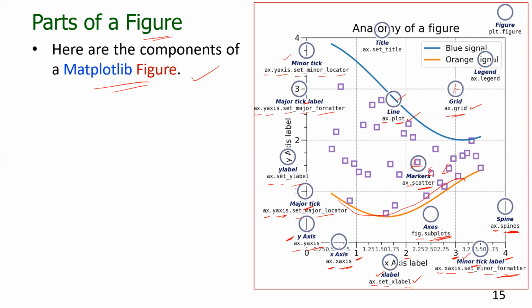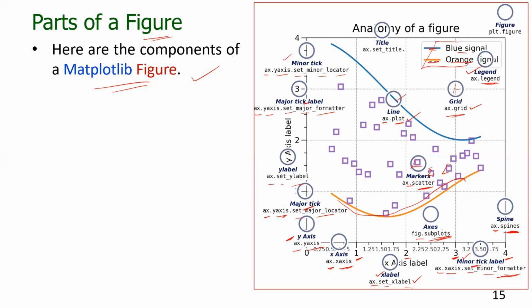Then here you can see the color combinations. Suppose blue signal, orange signal. Actually, this is called a legend. This is defined as ax.legend. This is the method.